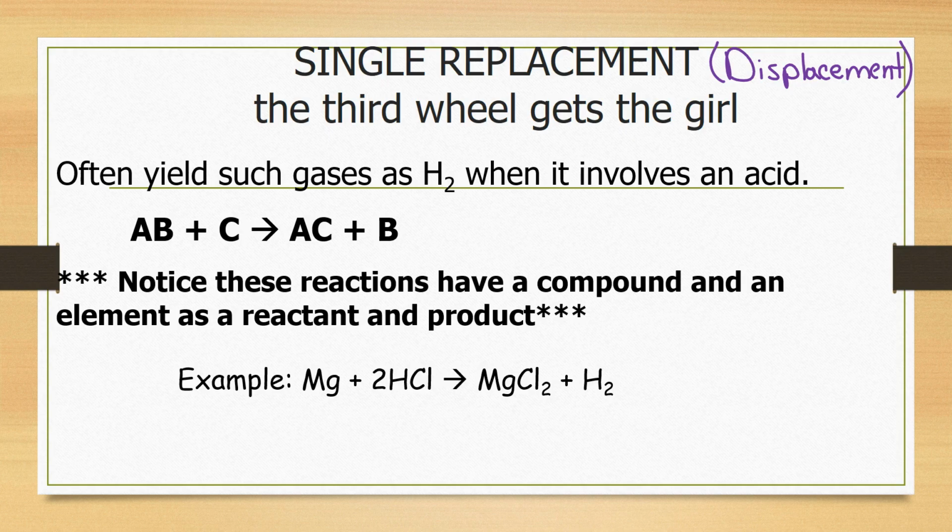Magnesium has a greater attraction towards chlorine than hydrogen does. So if you put these two in proximity to each other, the magnesium is going to push out the hydrogen and replace it and become magnesium chloride, and then the hydrogen escapes as a gas.